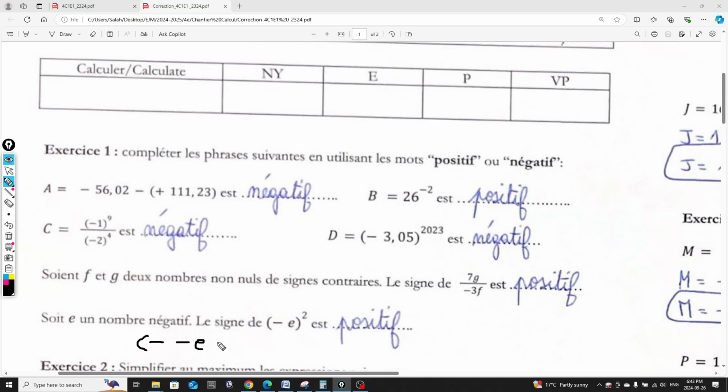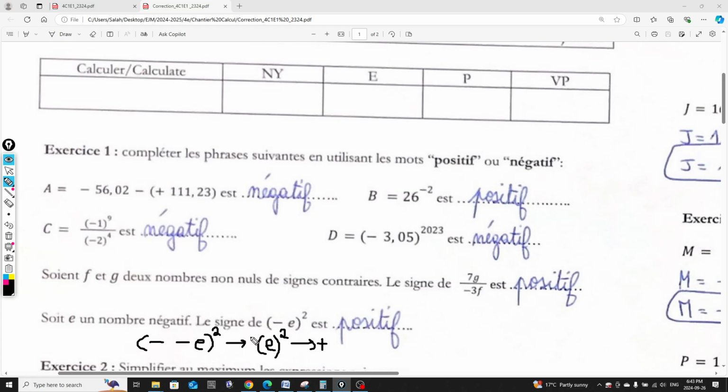So this is a minus minus E to the power of 2. Now, obviously, I would have put a bracket here just to have that looking a little better. Kind of running out of room, though. So this actually translates to just E to the power of 2, which would therefore just be a positive number anyways.